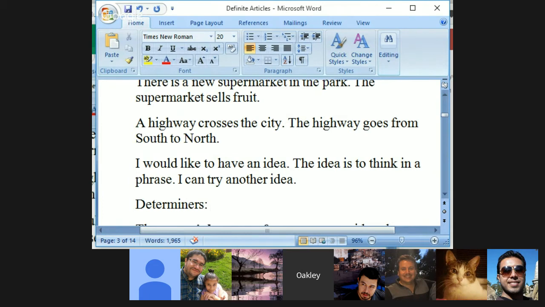Before a noun, sometimes we use articles. If we use a determiner, we do not use an article. Determiners are specifically that, these, those, this, as well.